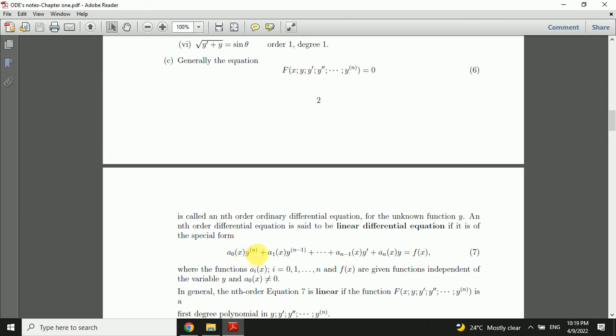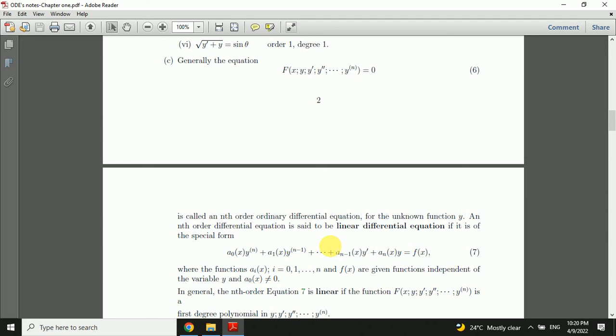So this means that y has been differentiated n times, plus something times y differentiated n minus 1 times, plus and so on, plus something times y differentiated once, plus something times y. So this is the equation that we have.